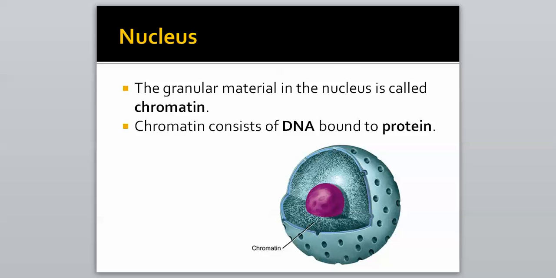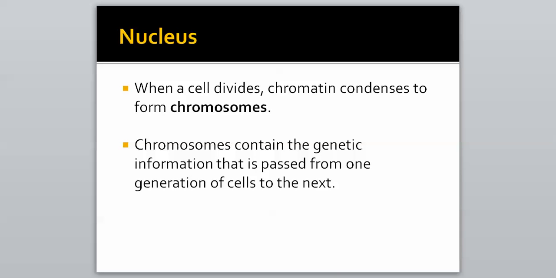Within the nucleus, we have this granular material known as chromatin. Chromatin consists of DNA bound to protein. It's just this big, thick mass. We're going to talk more in the next slide about what happens when the DNA comes away from that protein. Then we have chromosomes.